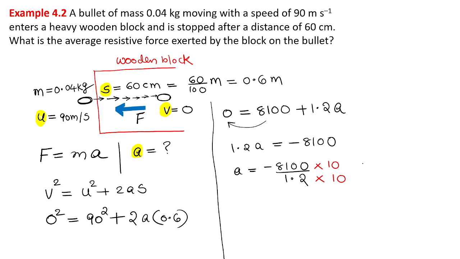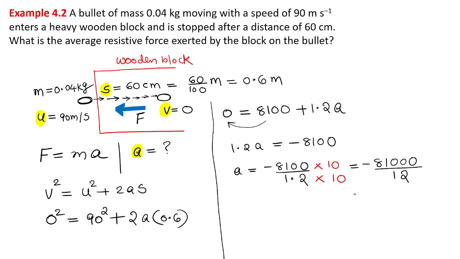So let me multiply numerator and denominator by 10 so that I can avoid the decimal point. Clear? So minus 81000, and in the denominator the decimal point is removed. I got 12. Is that okay? Diya, Trisha, is that okay?